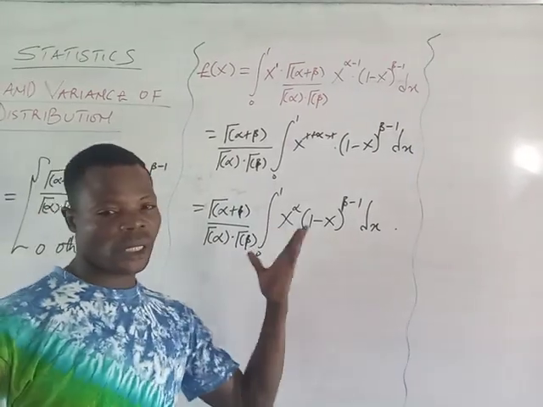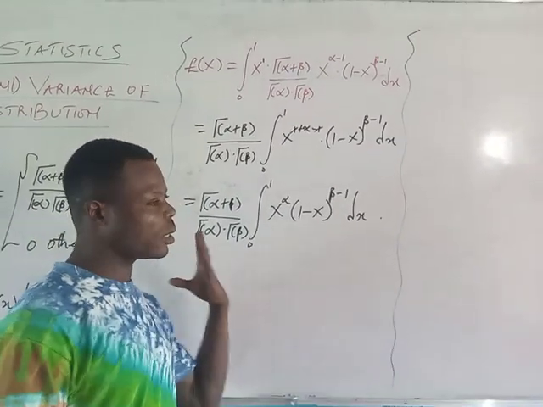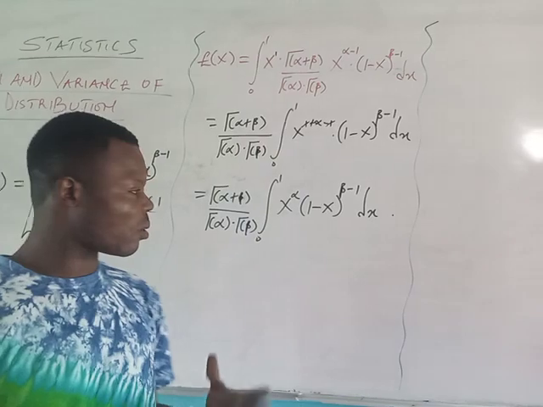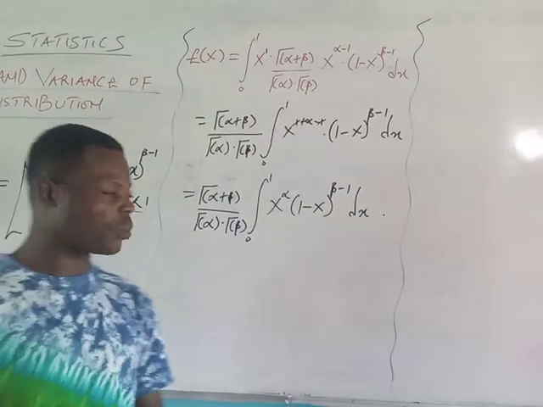Here we want to apply the standard integral of the beta distribution. We used this method when we derived the mean and variance of a gamma distribution as well.